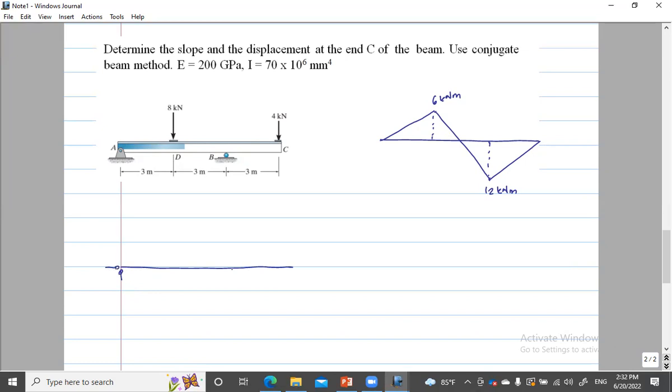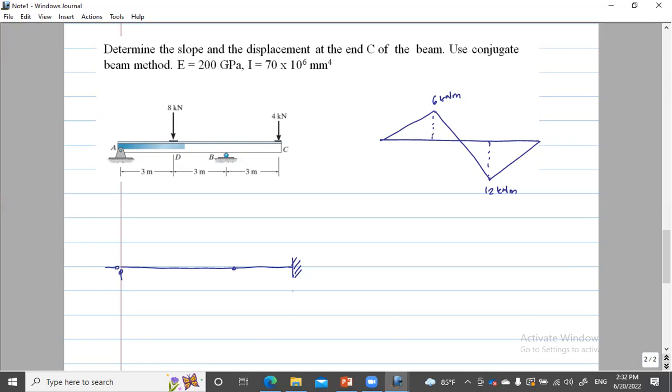An internal roller is going to be a hinge here. And the free end is going to be a fixed end. So that is the conjugate beam. This becomes the end pin, this end pin. Internal roller becomes hinge, free end becomes fixed.